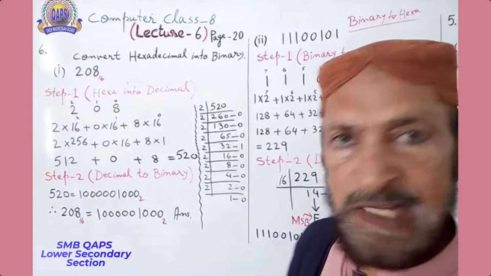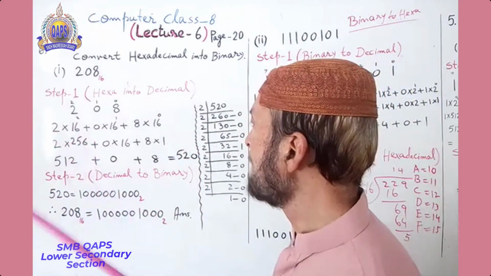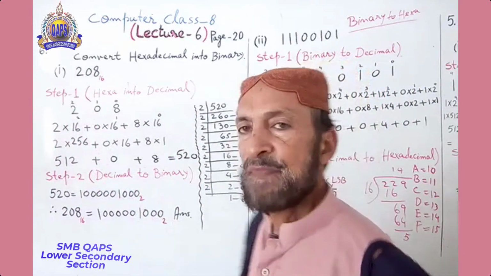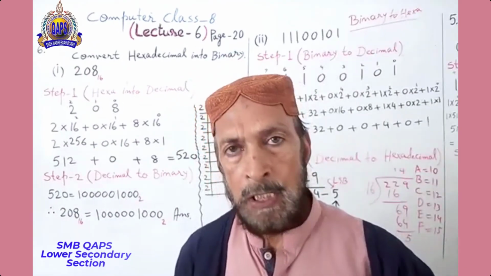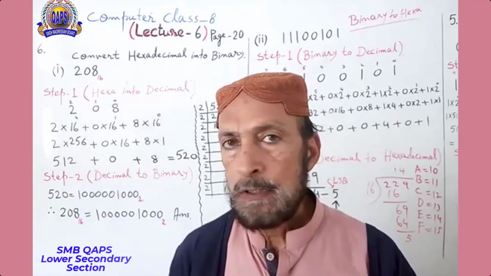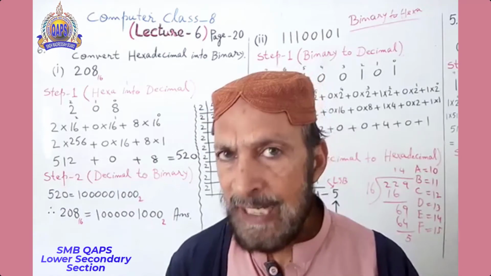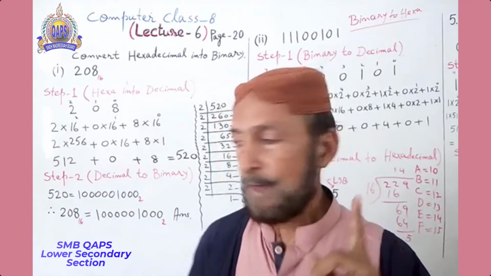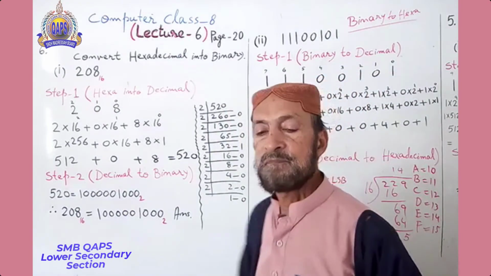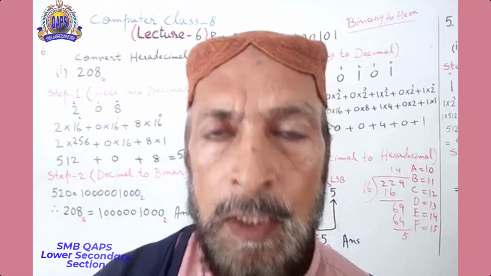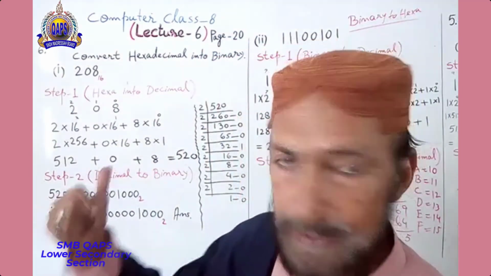Convert it into decimal. 2 multiplied by 16 raised to the power 2. Why multiply by 16? I told you many times. The reason is that the base of hexa is 16. Dear student, remember this thing. The base of hexa is 16.